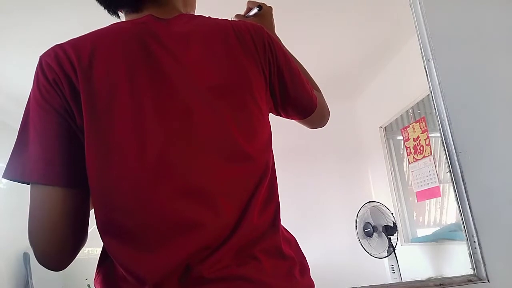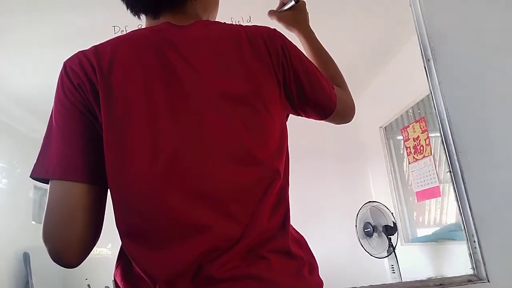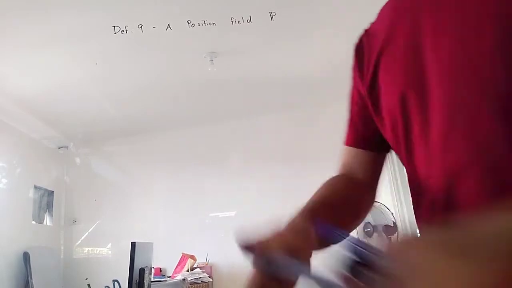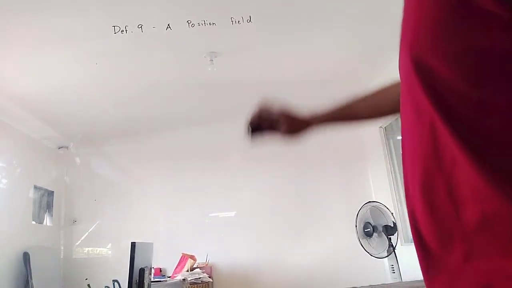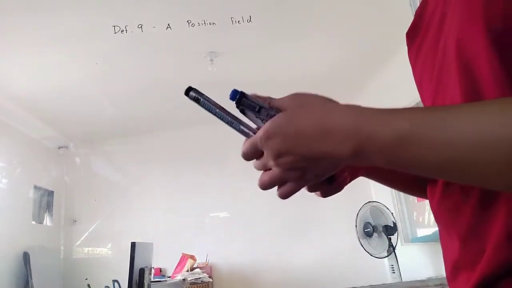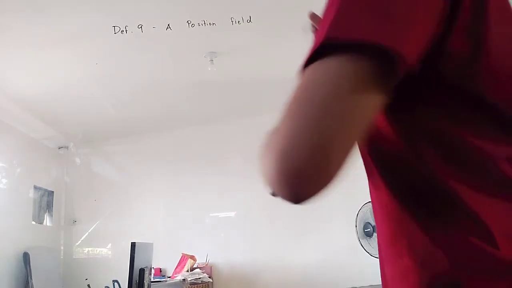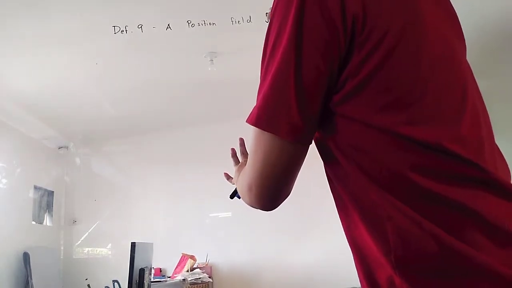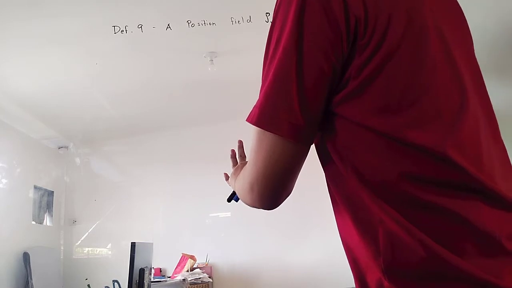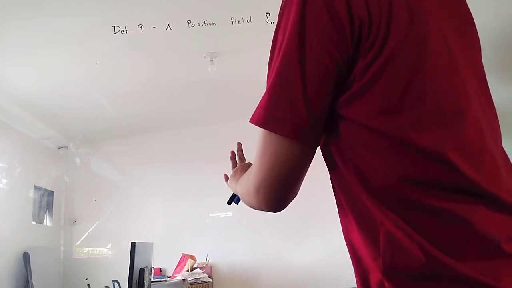A position field, which I will call P, blackboard bold P, not really blackboard bold. Let's call it just P, Pn, of dimension n.